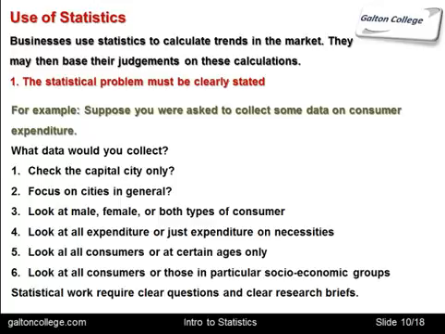Would you just look at males or females or both? Both types of consumer. It's an issue. Would it look at expenditure on just necessities or on luxury expenditure? Would it look at all consumers of a certain age?